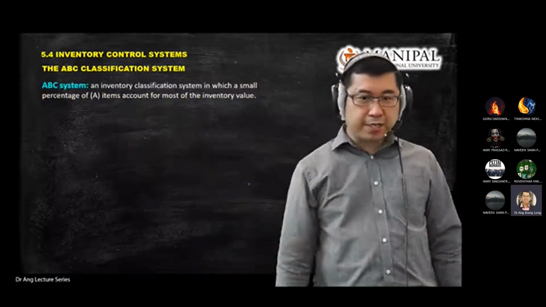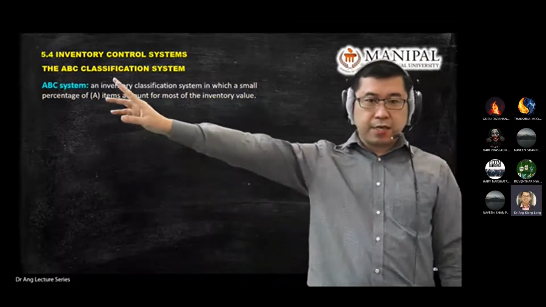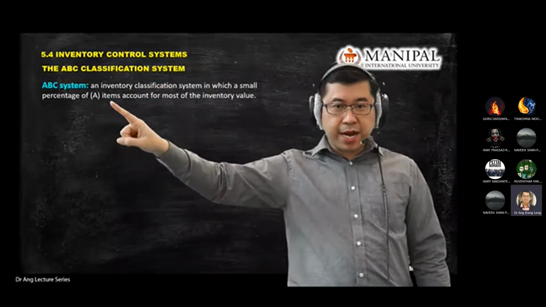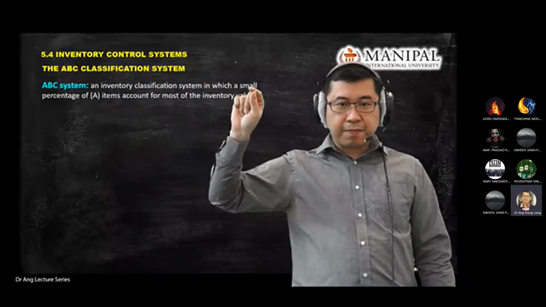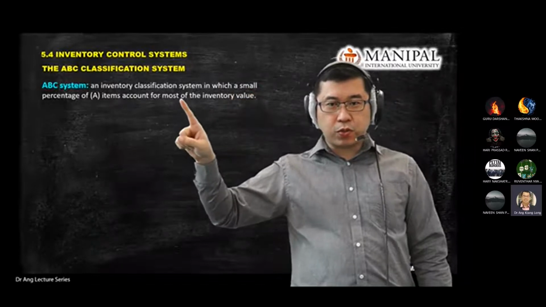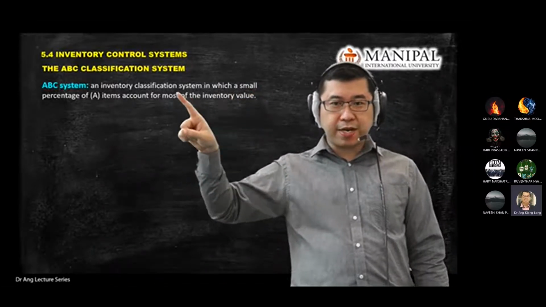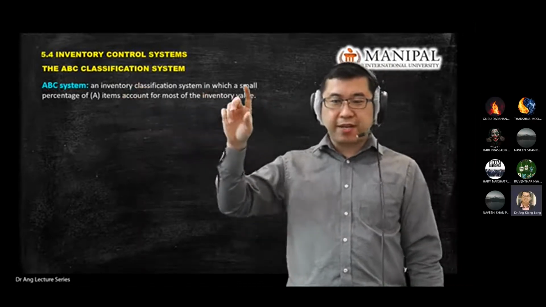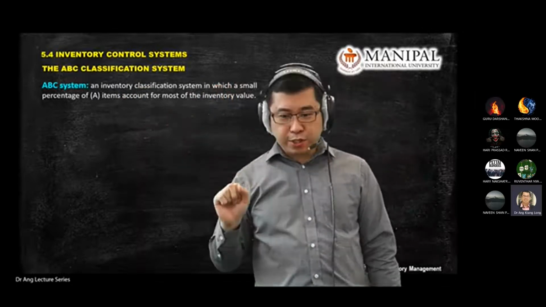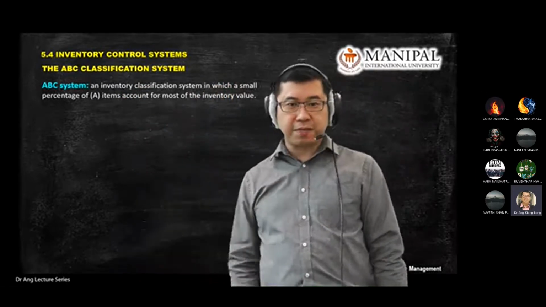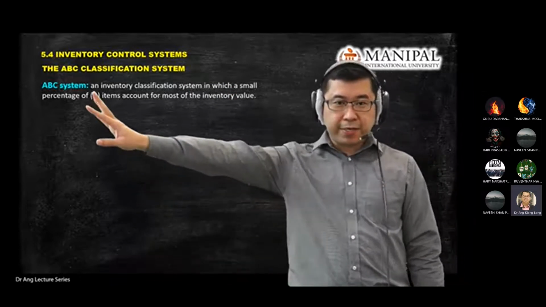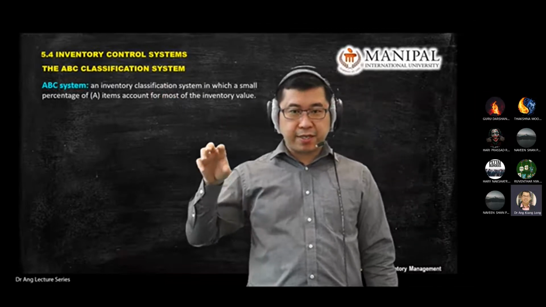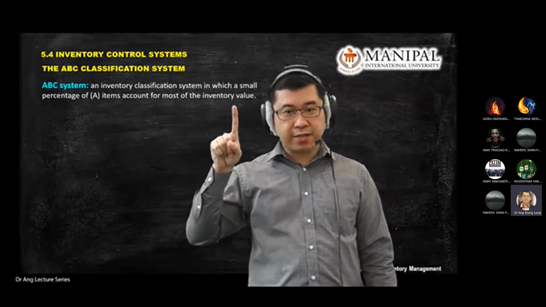Definition for the ABC system. The ABC system is used in inventory to classify certain items according to a preset value, right? Meaning in this system, you use ABC to identify which stock is A, which stock is B, which stock is C. The ABC system is a classification system to identify the inventory value.